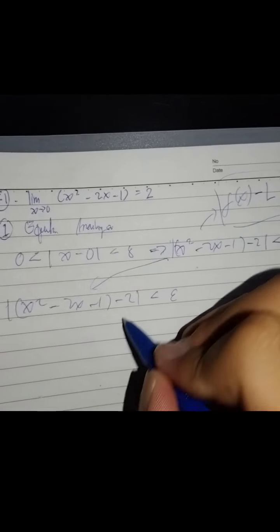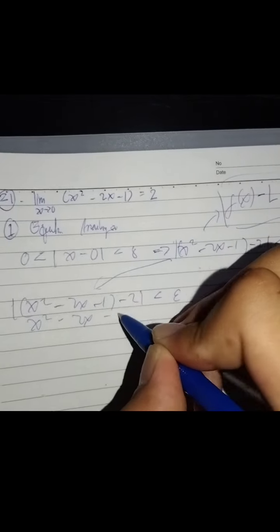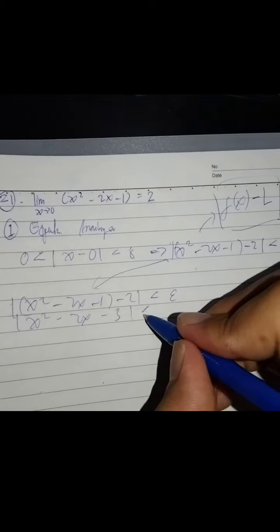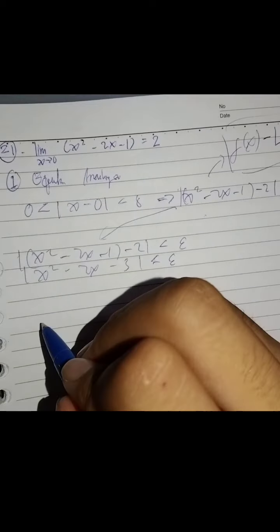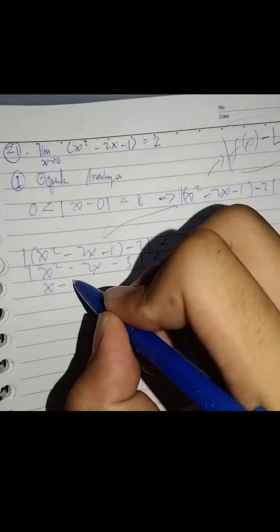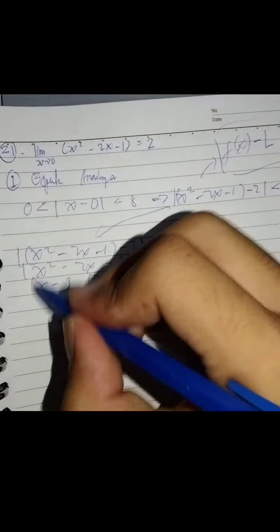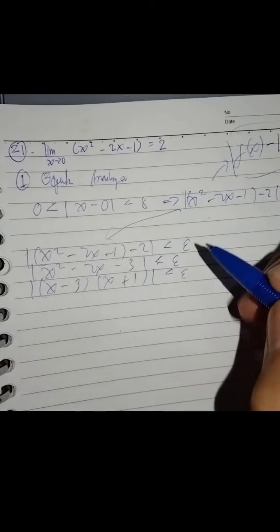So we can write this: the absolute of x squared minus 2x minus 3 is smaller than epsilon. So after that we can factorize this equation. So we can have x minus 3 and x plus 1, still absolute, smaller than epsilon.